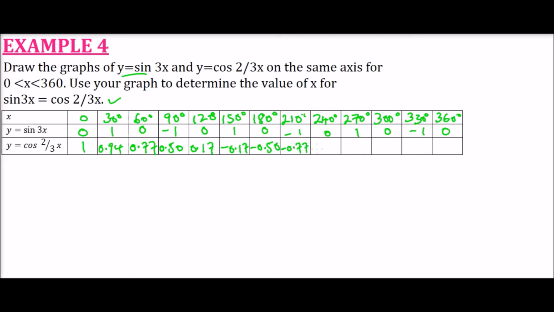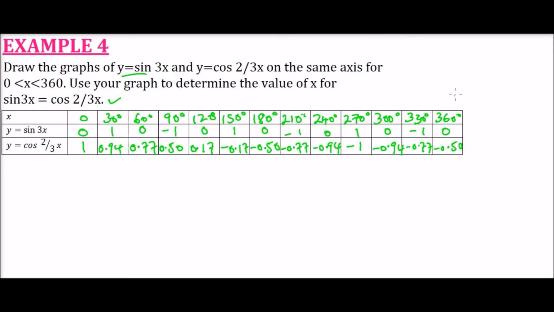Then we have minus 0.94. From there we have minus 1. Then we have minus 0.94. We have minus 0.77, and finally we have minus 0.50.